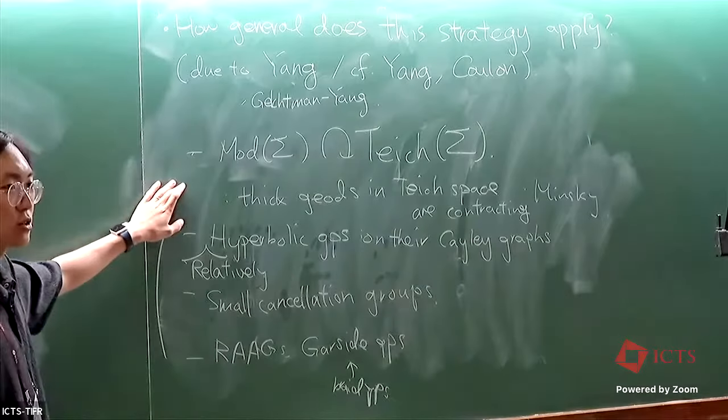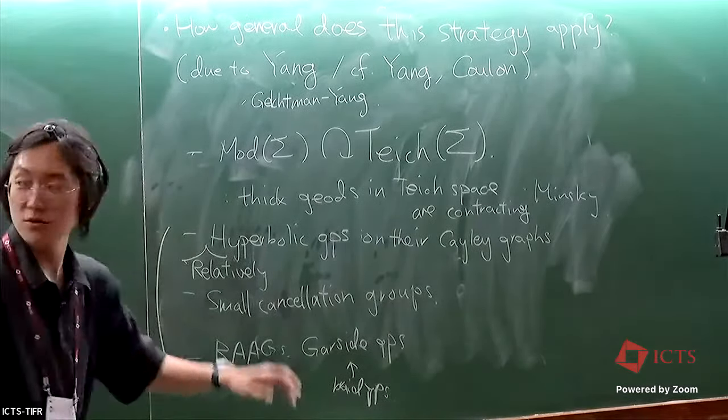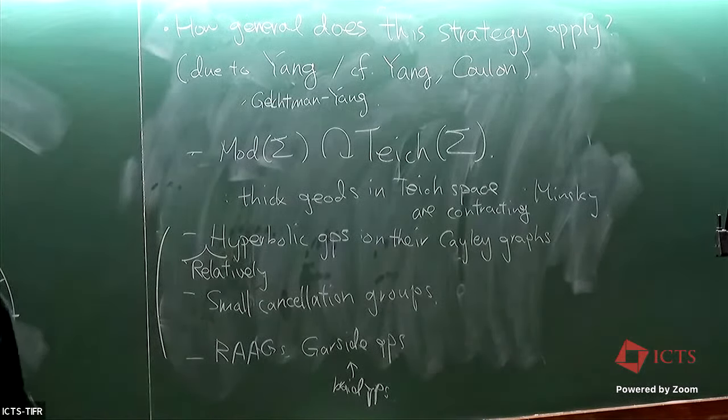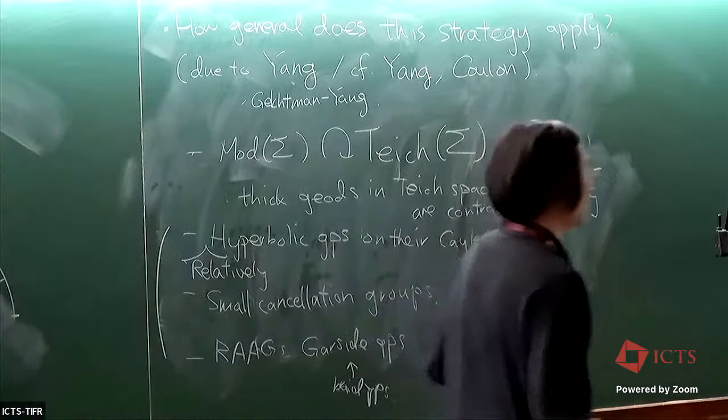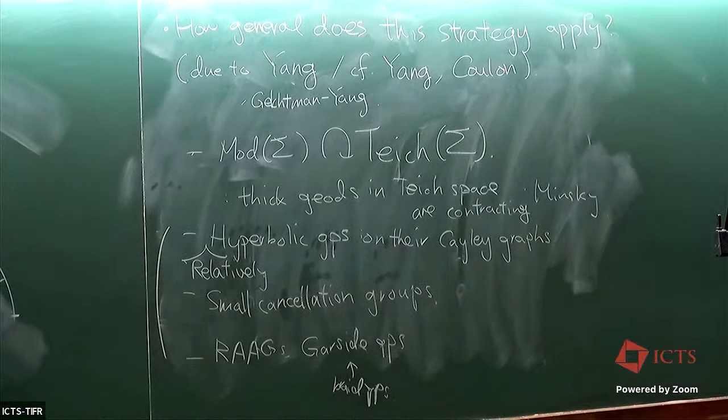This action is not co-compact. And if you recall the three steps, I used at least two points that the quotient has bounded diameter. Hence, you can find an orbit point that's close to the intermediate point on the geodesic, wherever it is. But for the mapping class group action on Teichmüller space, there's no such thing. So how will you cope with that?